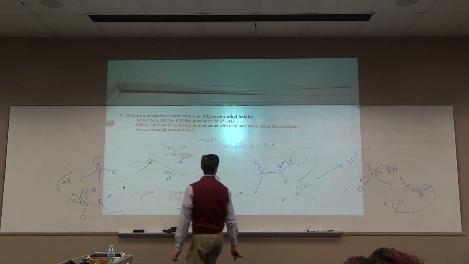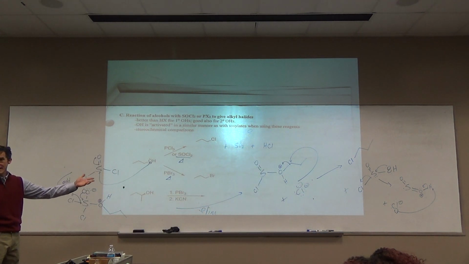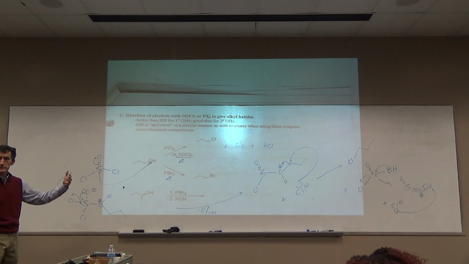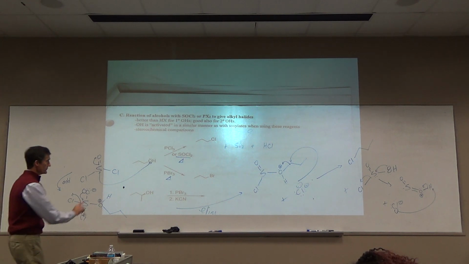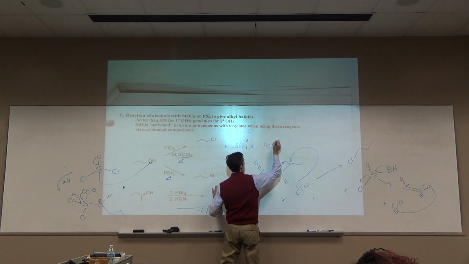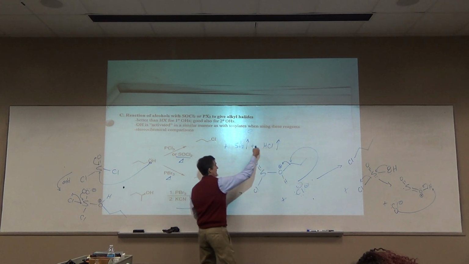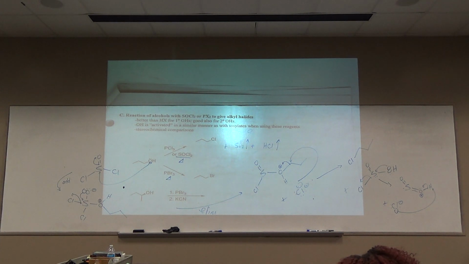There you go. Was that magic? Or can we understand all the electron flow and what's going on here mechanistically? And this reaction is so nice because both of these are gases. Assuming there's no water to ionize the HCl, they're gases and they can be driven out. And you're left with a pretty clean product.